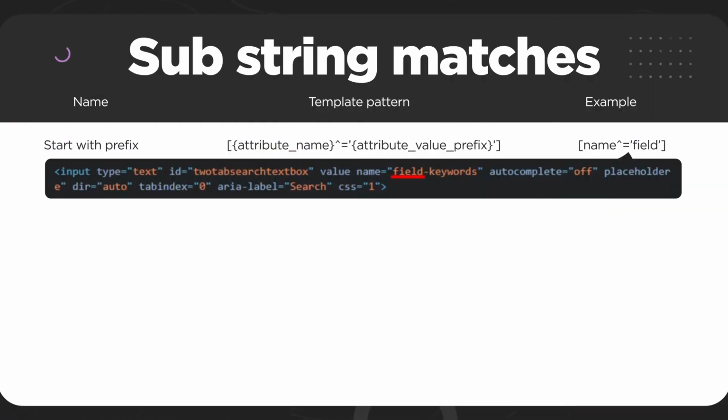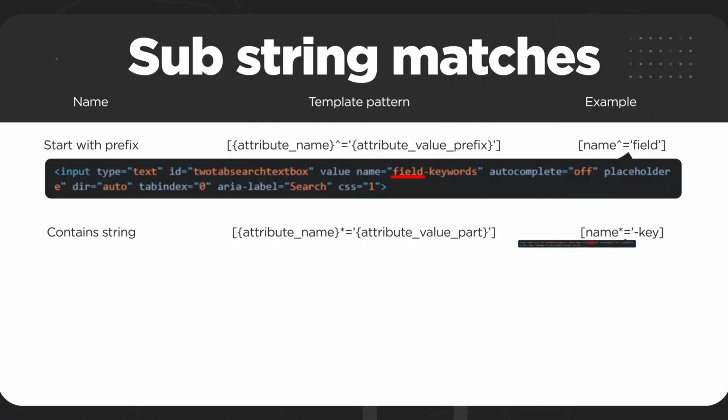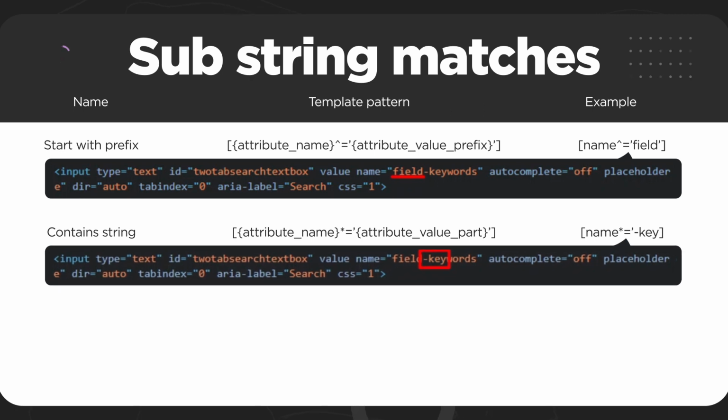The following substring match selector type is contains string. That will select an element with attribute whose value contains the specified string. Its syntax is the following: open square bracket, attribute name, asterisk sign, equal sign, single quote, attribute value, single quote, closing square bracket.